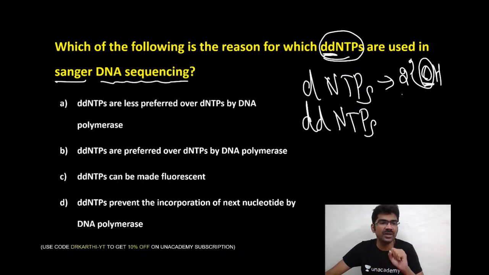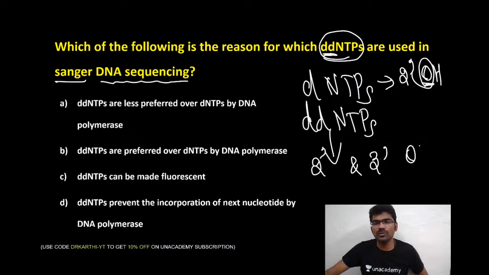So 2' deoxy. What is the meaning of ddNTPs? ddNTP means you won't have 2' as well as 3'. So both 2' and 3' OH groups are lacking.